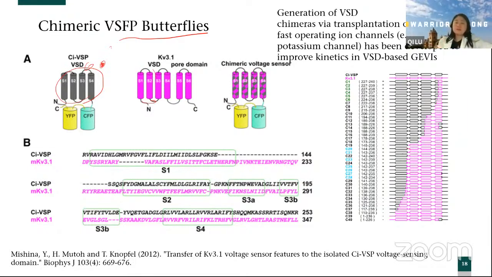And the chimeras are made to see whether the results become better, because there are many aspects to consider: membrane targeting, expression level and toxicity. Many factors will affect which combination is best and more suitable for a voltage sensor.